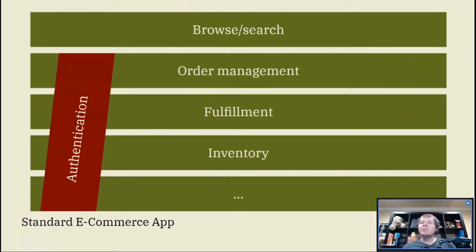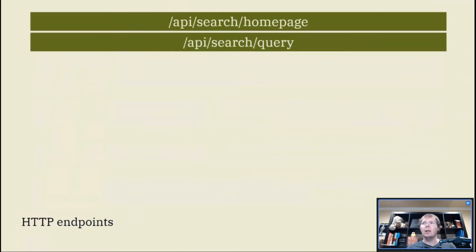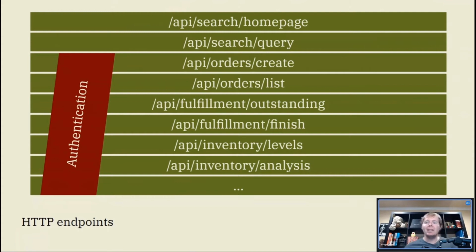Now, to get a little bit more specific, what if instead of thinking of functional areas, we think about specific HTTP endpoints? So we've got an endpoint at this particular URL, another one, and so on. So we have a cross-cutting concern that touches all but these two HTTP endpoints.